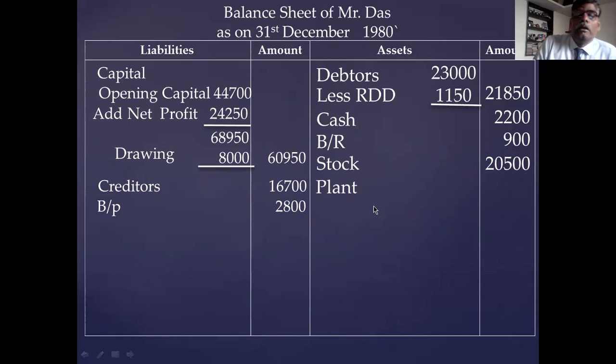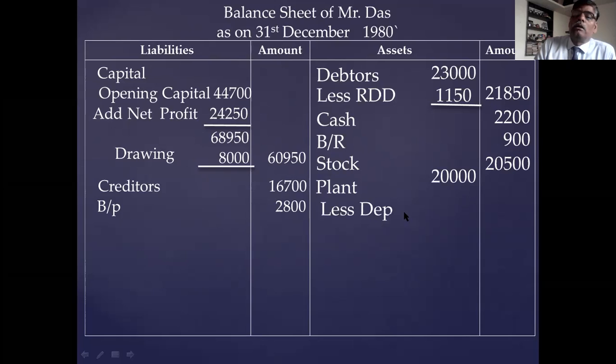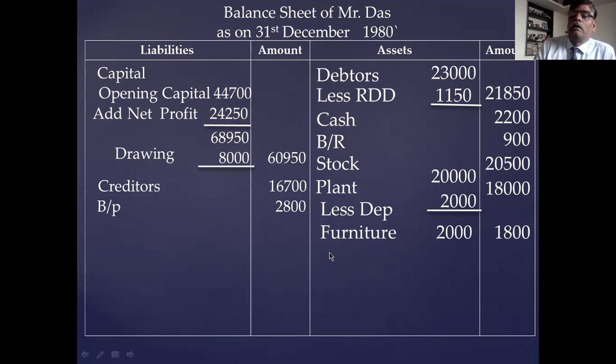Closing stock you take from the trading account or from the adjustment. 20,500. Next plant you take in the inner column. Plant from the opening statement of affairs 20,000 less depreciation 2,000. Balance is 18,000. Furniture 2,000 from the opening statement of affairs less depreciation 200.